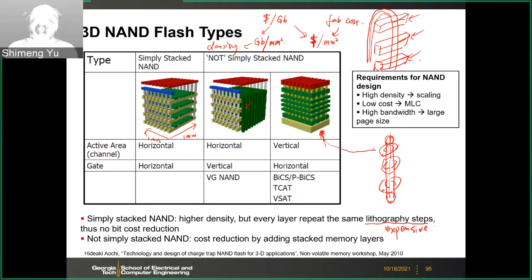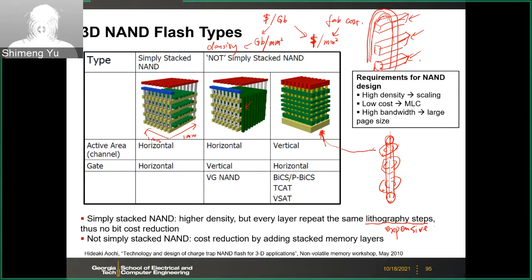So the idea is to share the lithography across multiple layers. That's the idea behind the second and third approach here. The second approach, what you share is the gate patterning. For example, you pattern this gate because it is shared across multiple tiers. So you only need to use one lithography to do the gate patterning.